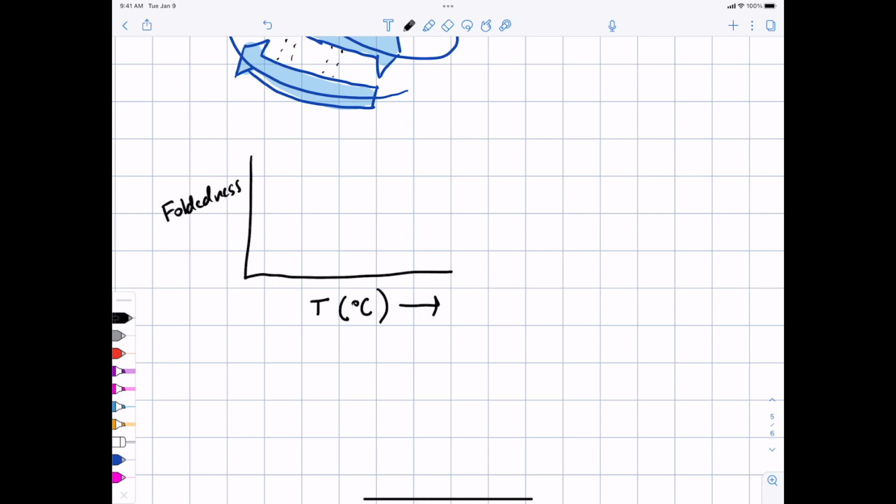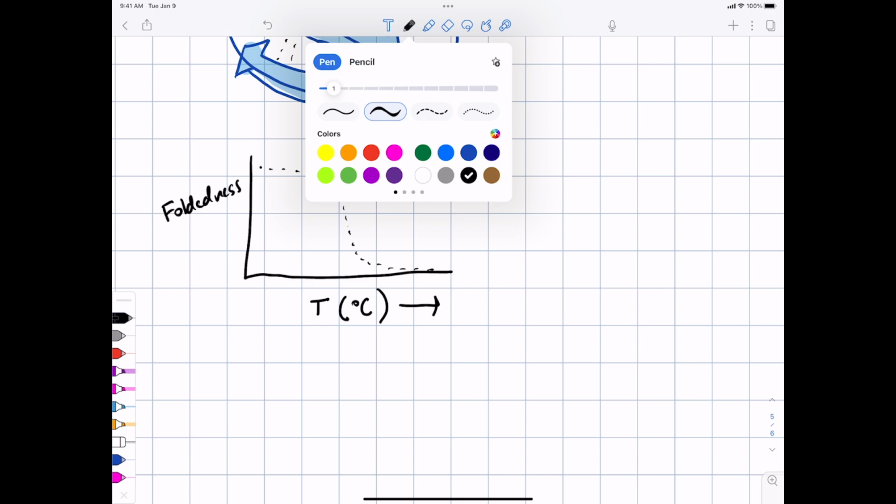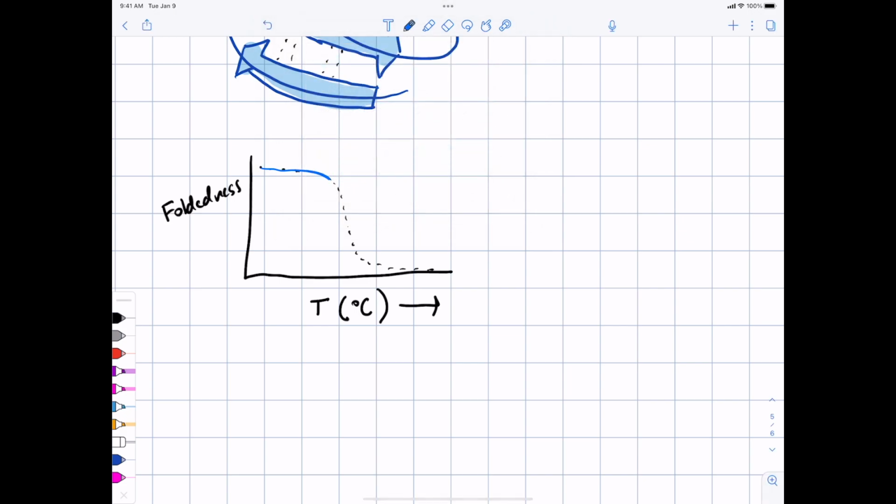and then watch this signal of foldedness, and you'll generally get something that looks like this. Maybe this is 100% folded, and then at some temperature the foldedness will start to go away, and then you'll get to 0% folded, and that signal tells us something. We can fit those data and we can get numbers out of it.